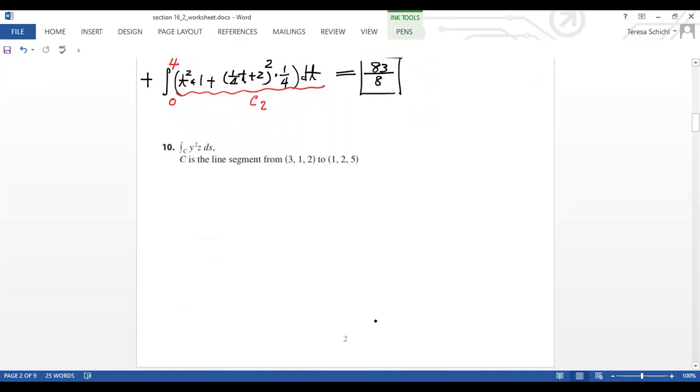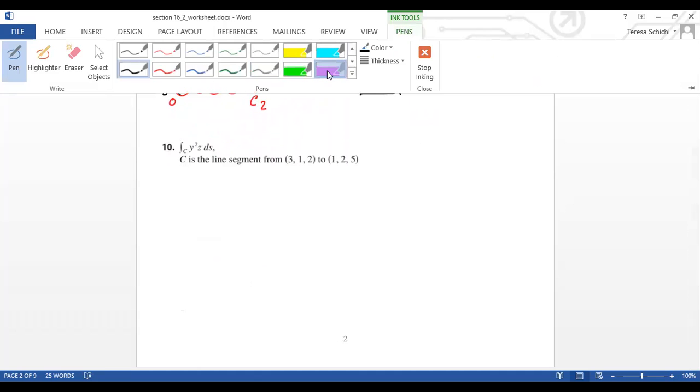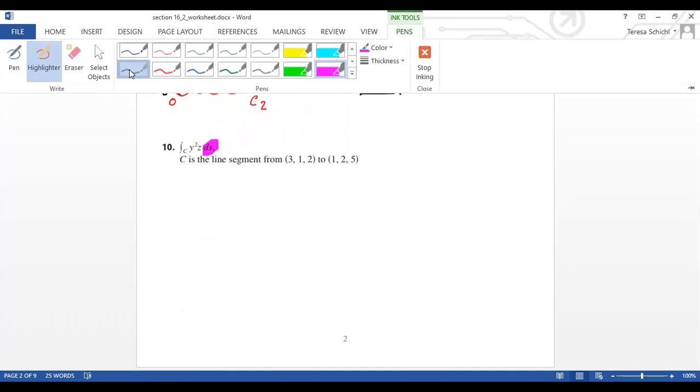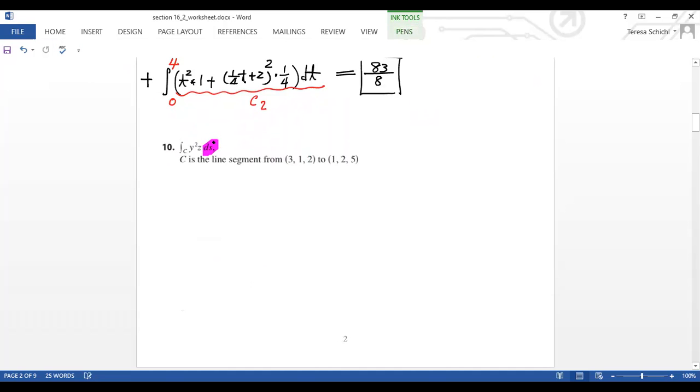Okay, so in here, this is the number 10. So let's take a look here. First thing is, I want to do the line integral over the arc length. So this is the line segment from (3, 1, 2) to (1, 2, 5), right?